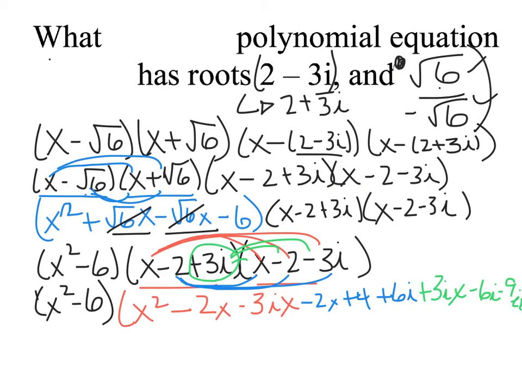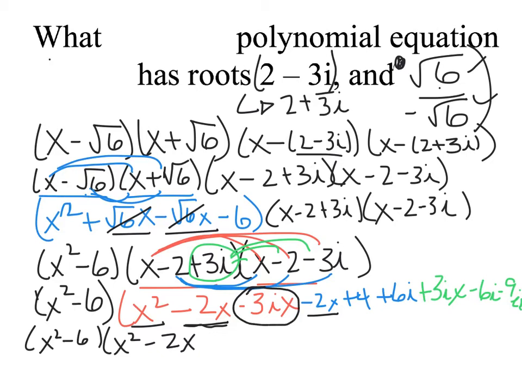So we obviously want to simplify all of this. There's a lot going on in there. So we want to look for our like terms. x squared does not have a like term. We'll just bring that down. Minus 2x, and that's it for my just x terms. A minus 3ix, so you need the imaginary and the x, and a plus 3ix cancel out.